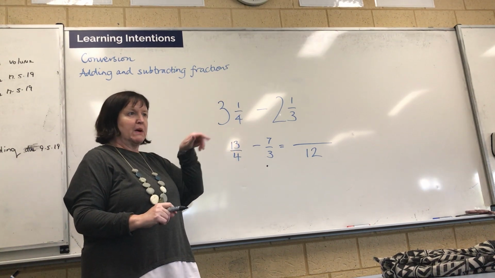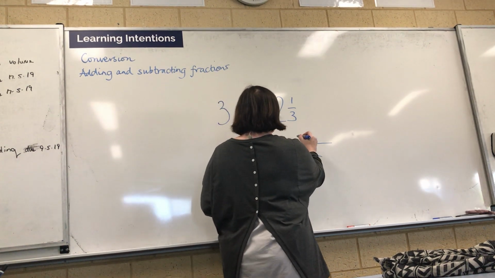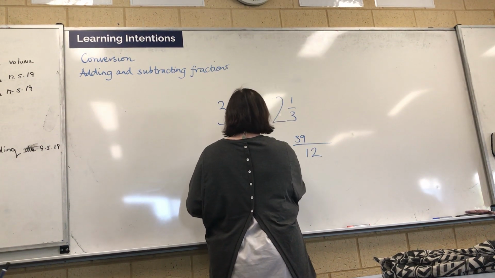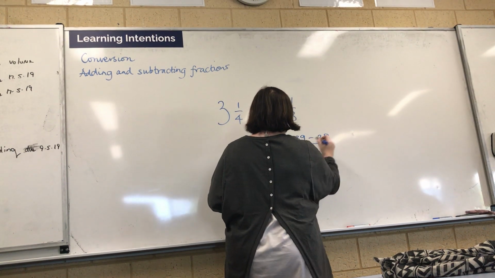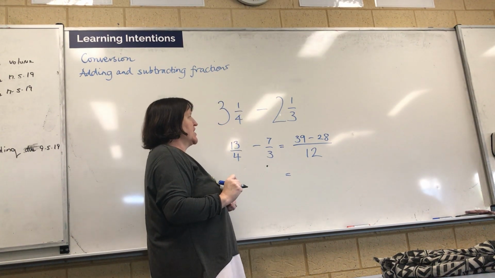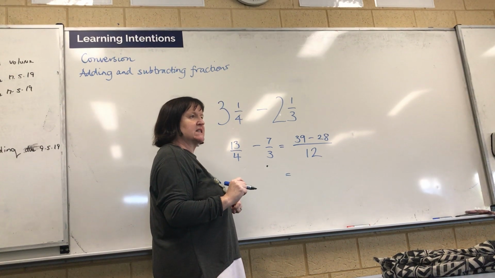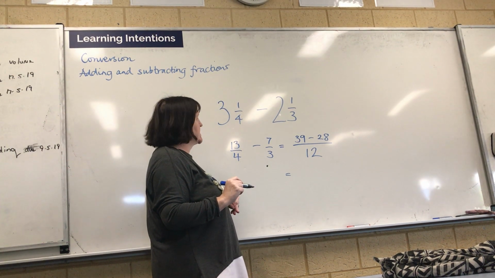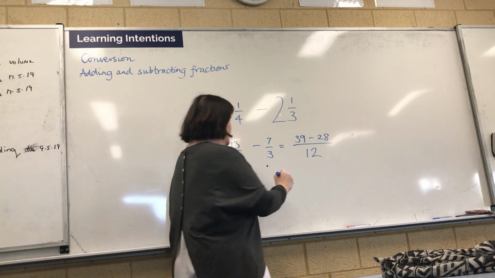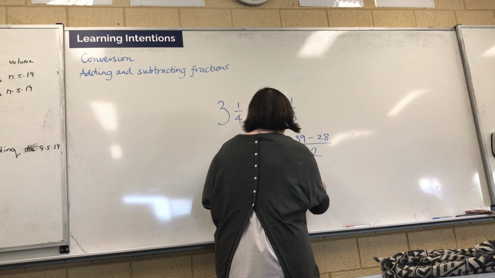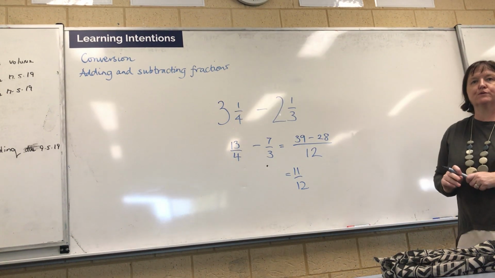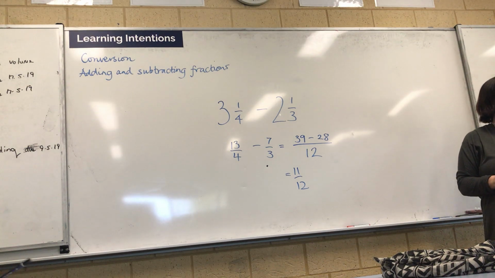Then I'd do my cross-multiplying method. So 13 times 3 is 39, 4 times 7 is 28, 39 take 28 is what? 11. So your answer is 11 over 12.